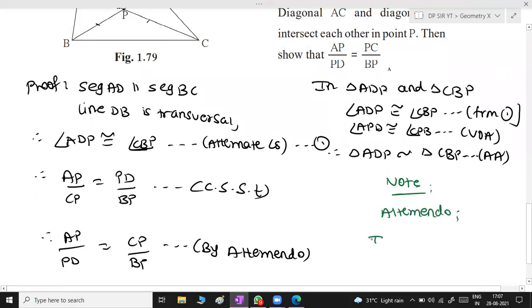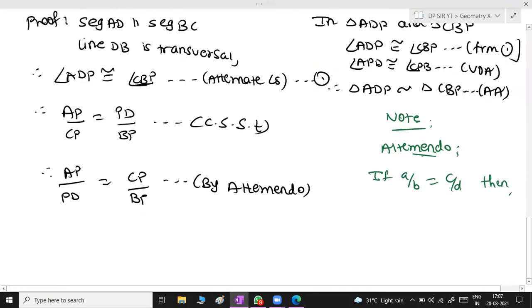Alternando says that if A upon B is equal to C upon D, and I apply the property of alternando to that given ratio, then by alternando it is going to be A upon C is equal to B upon D. Okay, I hope this property is clear. See to it that you note it down.